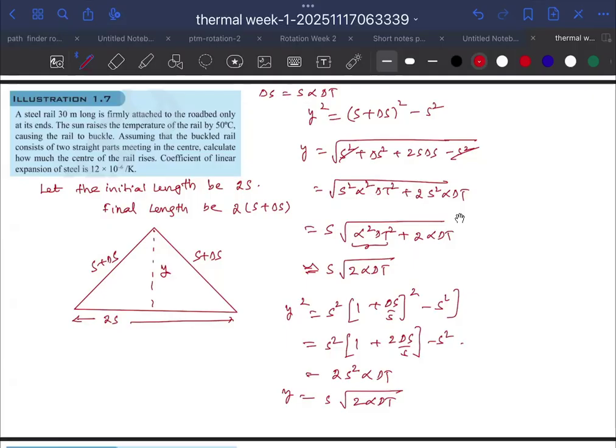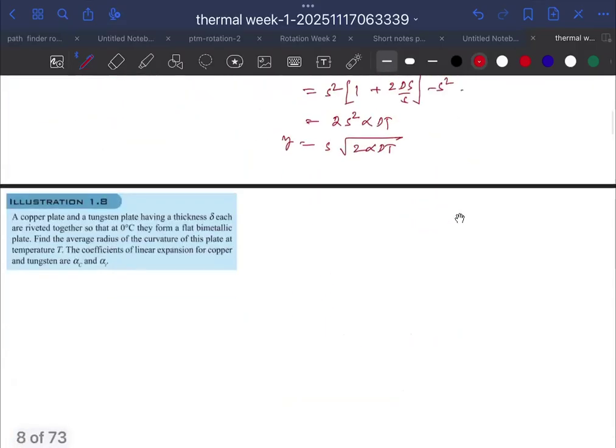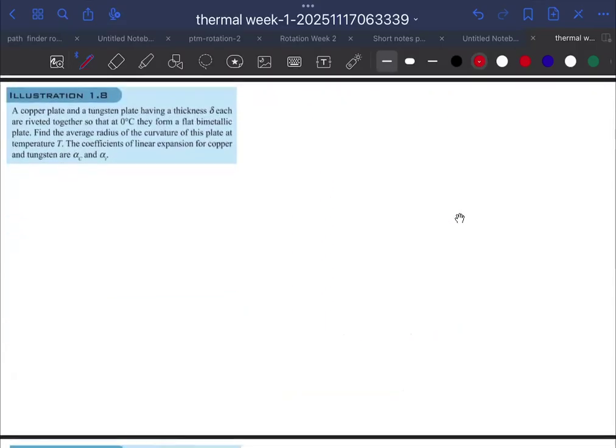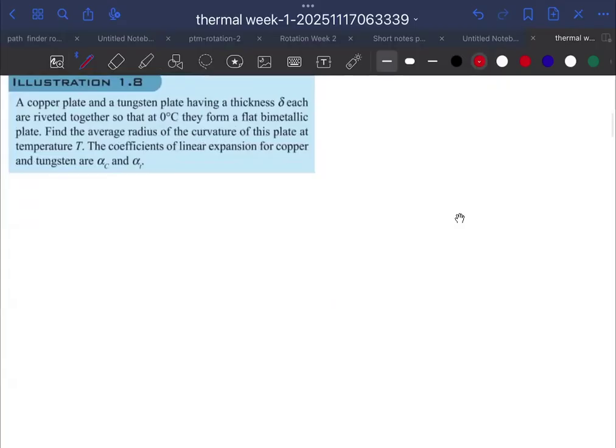Almost break. Next. Actually, this is supposed to be a formula, but I am dealing with it like a numerical. So what you have in this question is a copper plate and a tungsten plate.